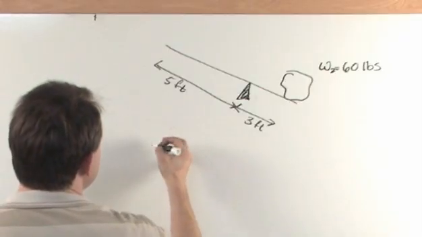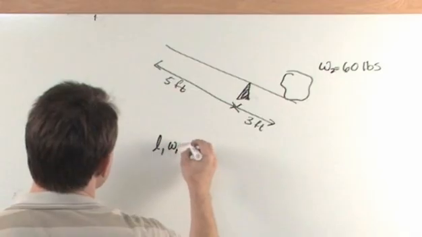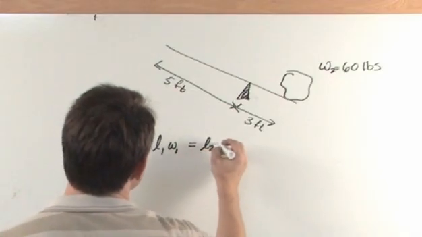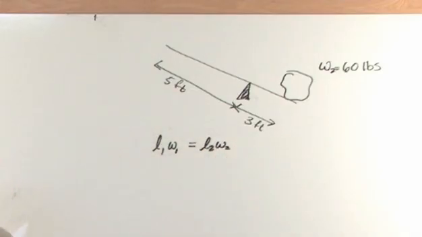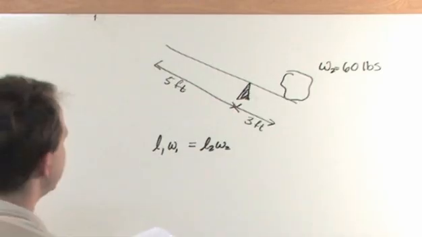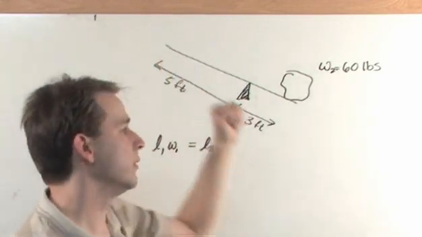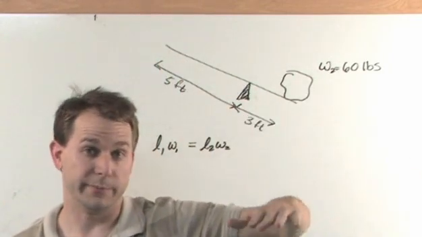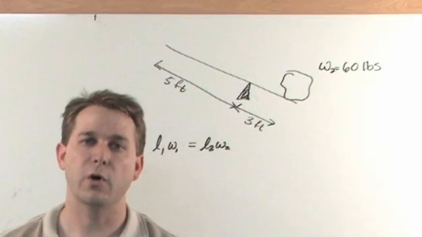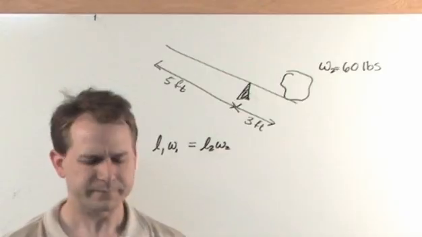So the balance condition is L1 times W1 has to equal L2 times W2. You might say, how can you apply this? This isn't a seesaw. Well, if I start pulling on this thing, I'm going to pull and pull and pull. The wood is going to bow and bow and bow. Eventually, I'm going to pull so hard that this rock is going to begin to move. I think you all agree with that.